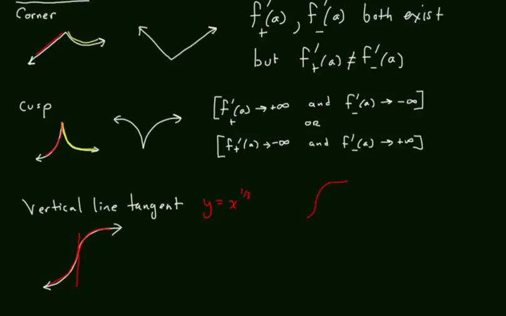Comes down, does this, kind of like that. So the mathematical criteria for it is as follows: f prime from the right of a approaches positive infinity, and at the same time f prime, as we approach from the left, is also positive infinity. So that's one case.